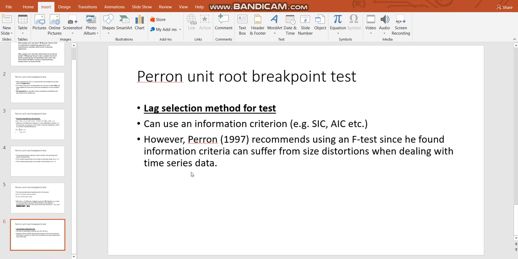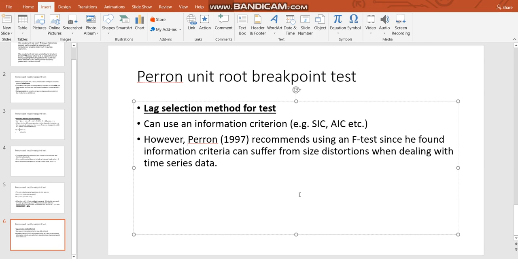And so finally, just before we apply the test, I'm just going to tell you a bit about the lag selection method for the test. Basically, the original unit root breakpoint test, which we're covering right now, was originally published in a paper dated 1989, but I found a paper published in 1997 by Perron, same author, who recommends using an F-test because he found that using information criteria like a Schwartz information criterion can suffer from size distortions when dealing with time series data.